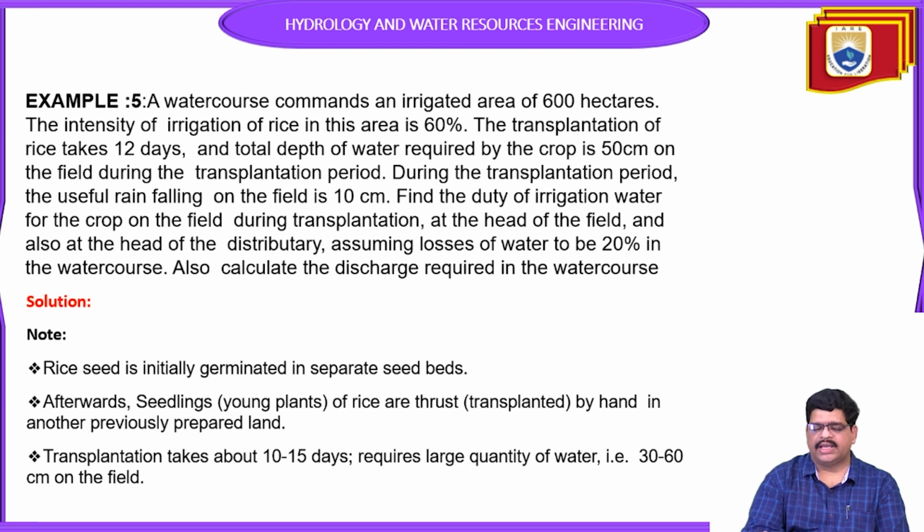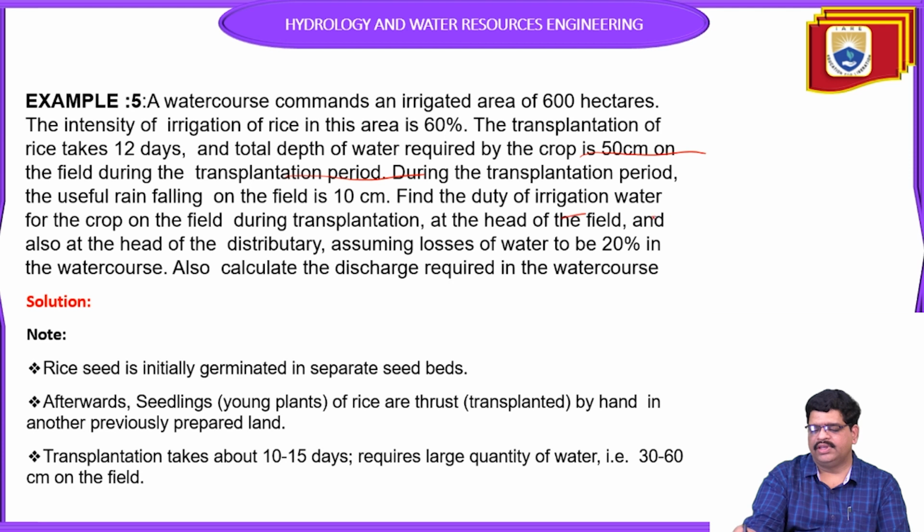Next, a water course has a command irrigation area of 600 hectares. The intensity of irrigation of this area is 60%. Transplantation of the rice takes 12 days, and the total depth of water required by the crop is 50 centimeters on the field during the transplantation period.